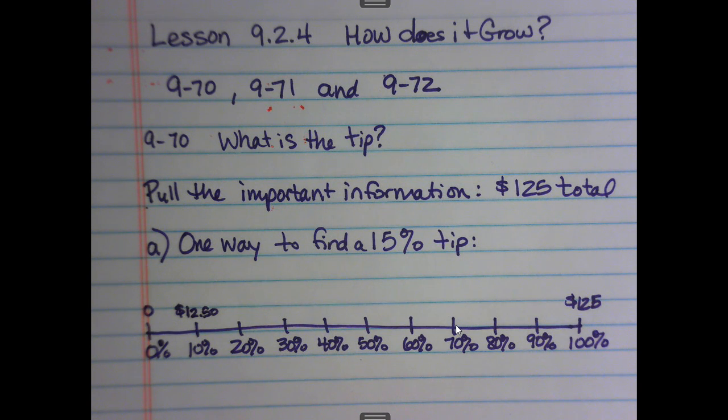Knowing that $12.50 is equal to 10%, I can then go ahead and consider this a type of unit rate, and I can multiply this by 2 to get 20%, times 3 to get 30%, times 4 to get 40%, and so on.